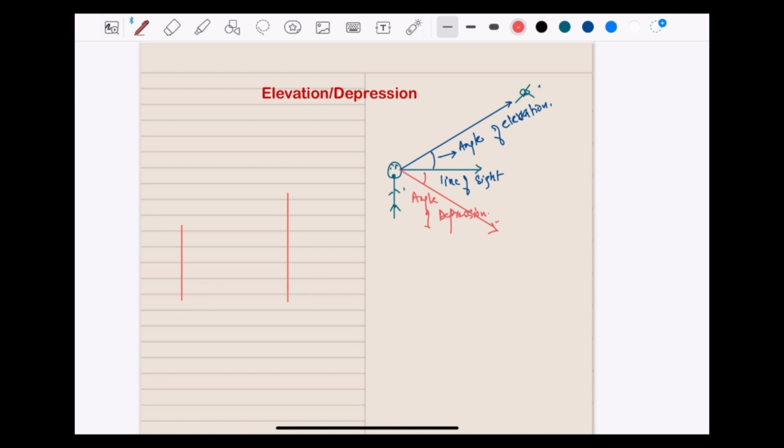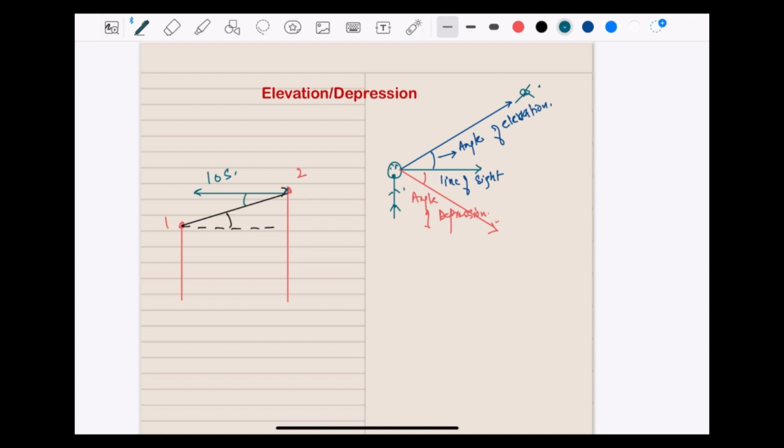So let's assume there is this second person and this first person. The amount of elevation is this. The first person's line of sight is this. So this is the angle of elevation. And if the second person's line of sight is this, then this is the angle of depression.